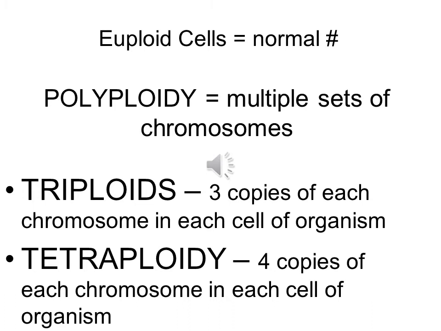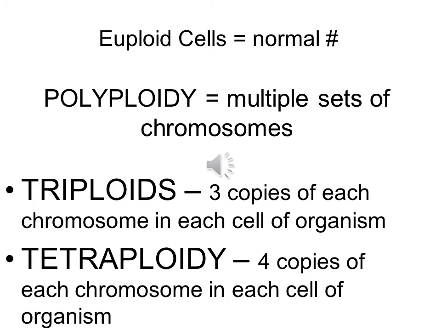The chromosome number would then be 69 rather than 46. If a zygote has 4 copies of each chromosome, it is said to be tetraploid, and the chromosome number would be 92. Almost all triploid fetuses spontaneously abort or are stillborn. A few of them have survived to term, but they die soon.